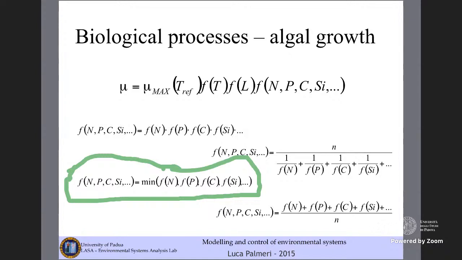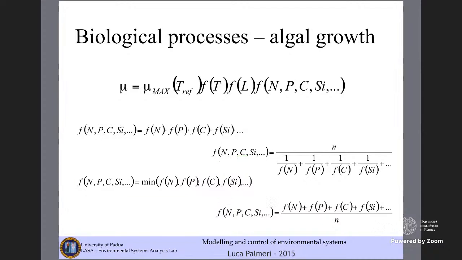Of course, I remind you that all these functions are in the interval 0, 1. So by taking the minimum, you are accounting for the strongest limitation. Essentially, you are overestimating the limiting effect.